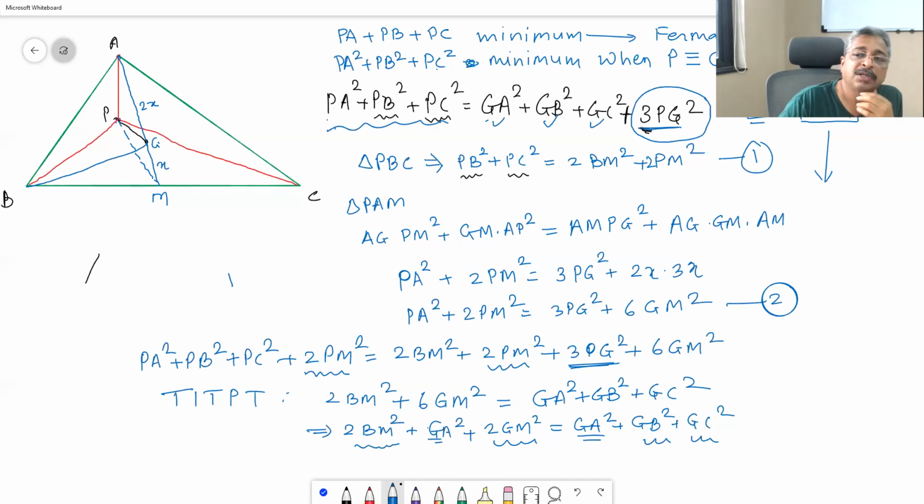If P coincides with O, then you will get OG square, and therefore OH square. I think we should try making P coincide with O, and P coincide with H, and see what will happen.